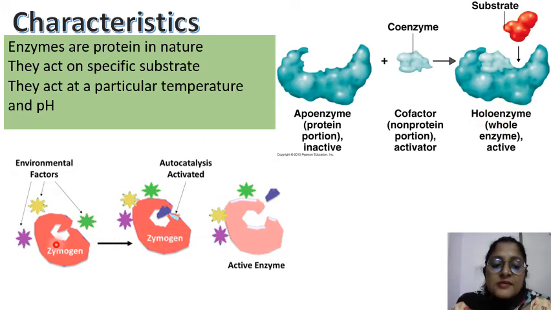Some enzymes are zymogens, that means they are inactive in nature and they need to be activated. Sometimes autocatalytic activation is done. After they are active, they can act on others and do the catalytic reaction. So let us learn the different apoenzymes, the different cofactors, and also the different zymogens.